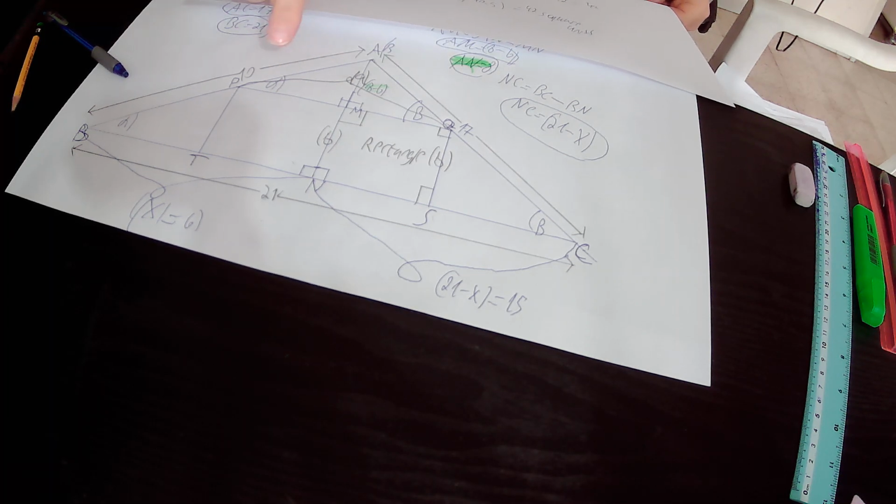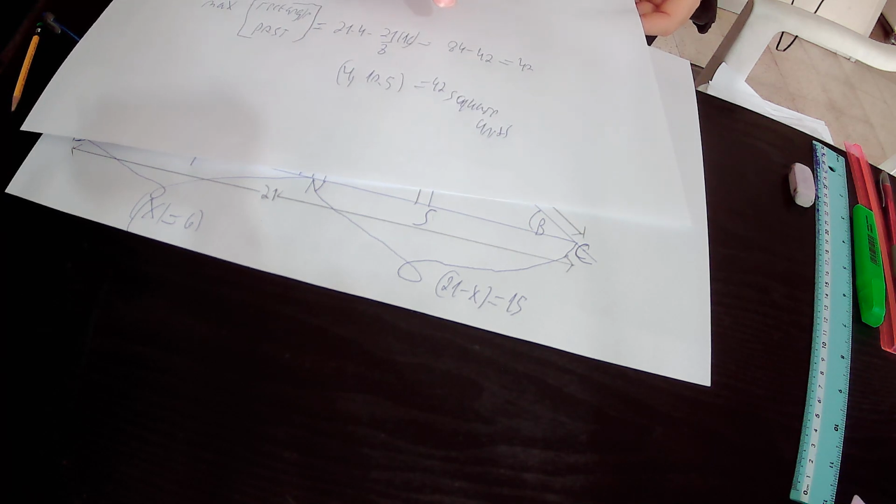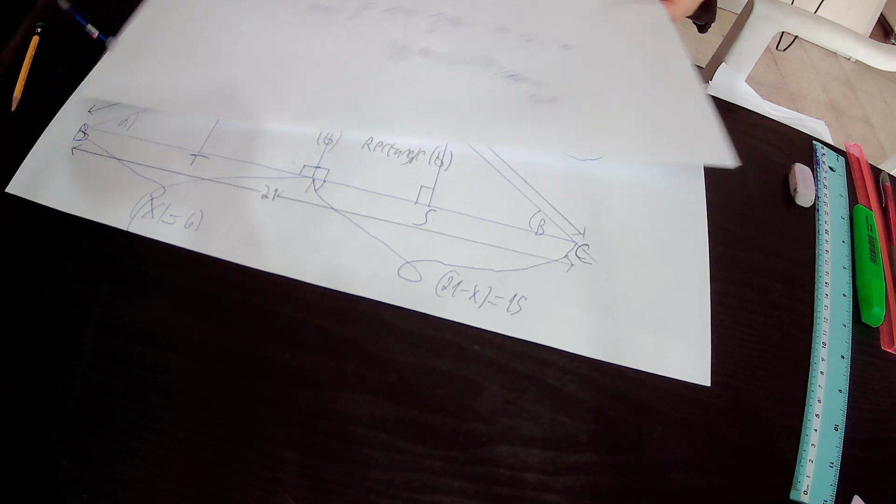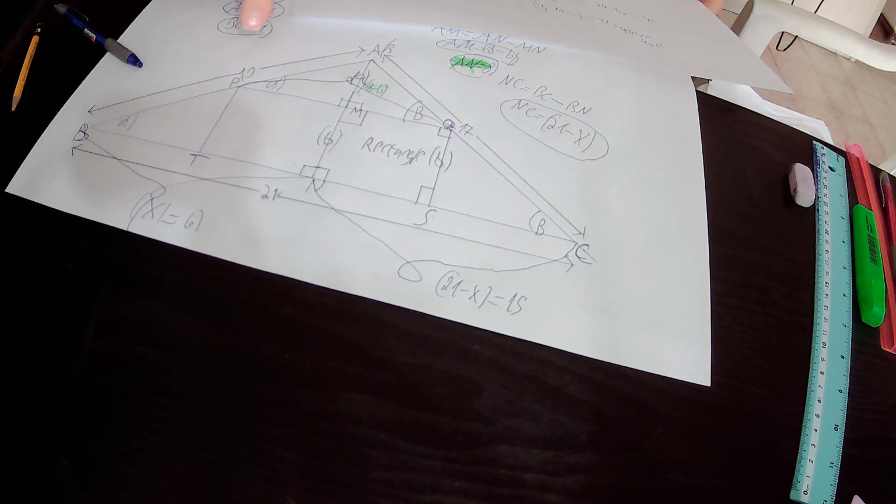The length a, 10.5 units, times the width b, 4, gives 10.5 times 4, which is 42 square units. So the maximum area of this rectangle PQST that is located inside this triangle ABC is equal to 42 square units. Okay, thank you very much.